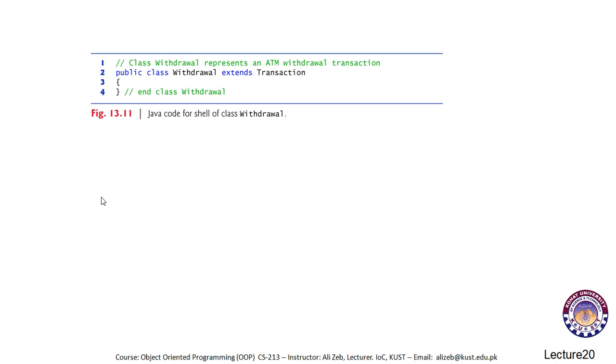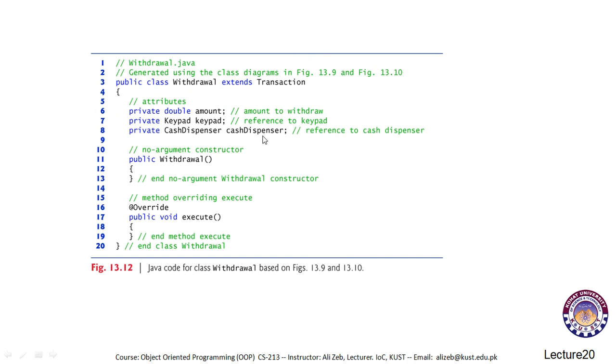And the code will change as well. Public class Withdrawal extends Transaction, and then we have the attributes, the constructor, and the execute method that is now overridden from the superclass.